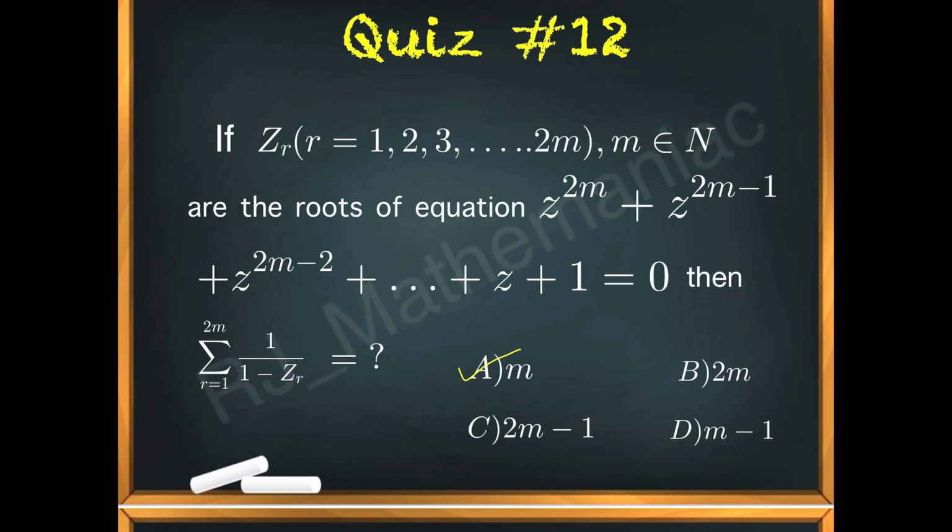Basically, 2m plus 1 roots are there, out of which 1 is on the real axis. Of the other roots, z1 and z_2m are conjugates of each other. Similarly, z2 and z_(2m-1) are conjugates of each other.